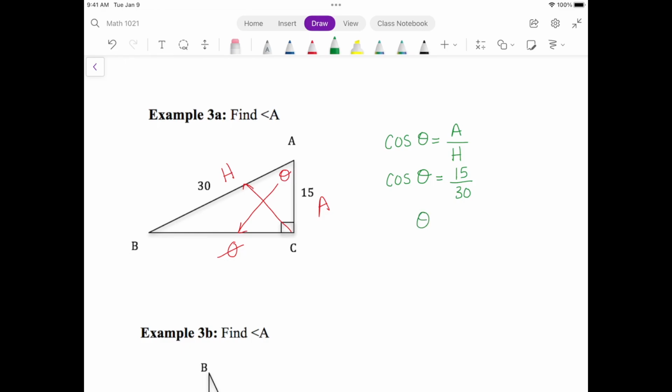So I'm actually going to find the inverse of 15 divided by 30. You'll generally find this function above the cosine function on your calculator, so you may need to use a shift button on your calculator in order to use it. And we get an angle of 60 degrees.